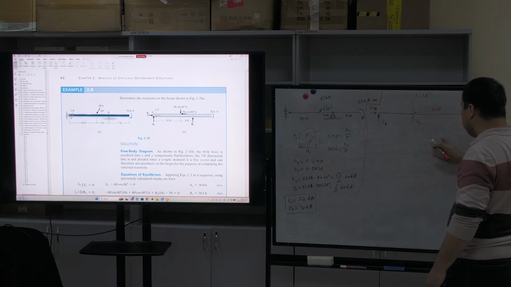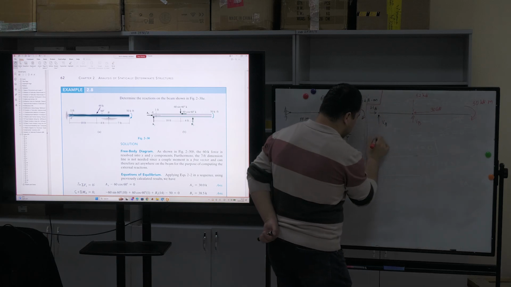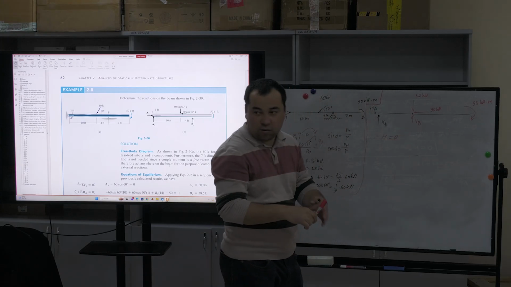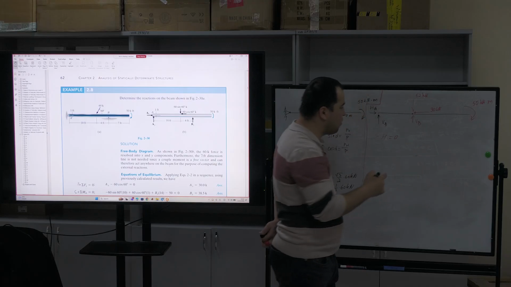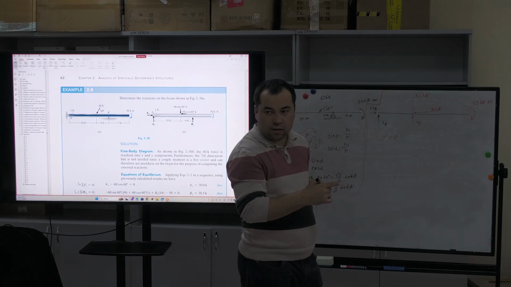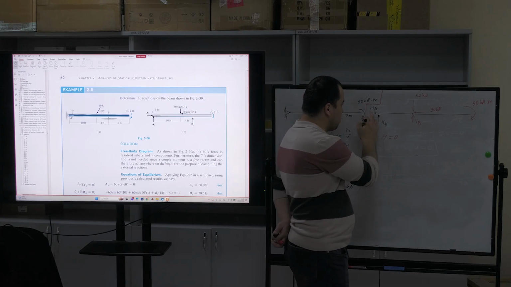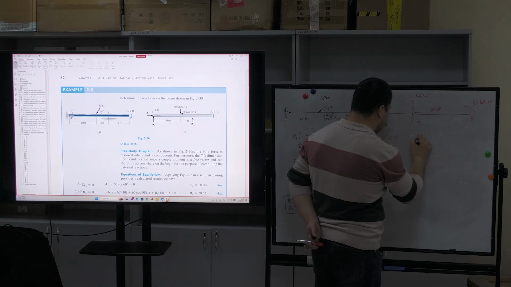Good. Okay, let's find the sum of horizontal forces is equal to 0. We have how many horizontal forces here? One horizontal reaction force and one external force, yes?